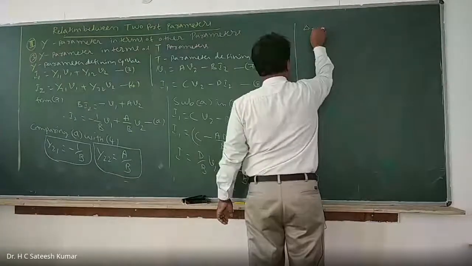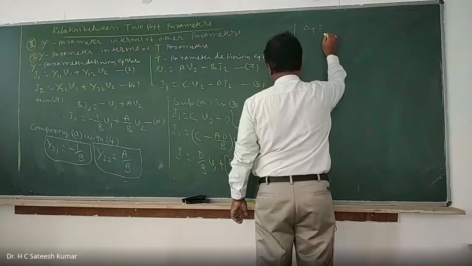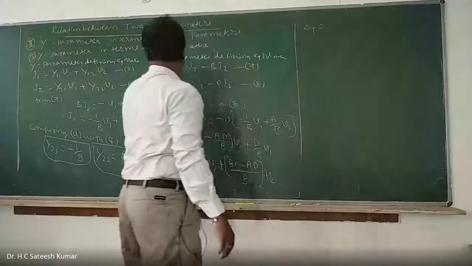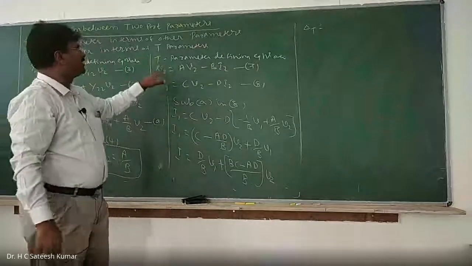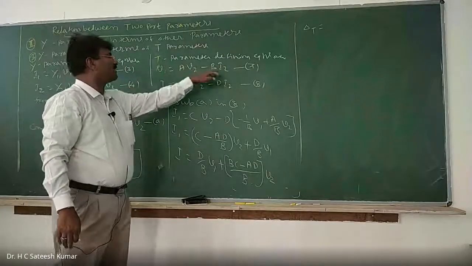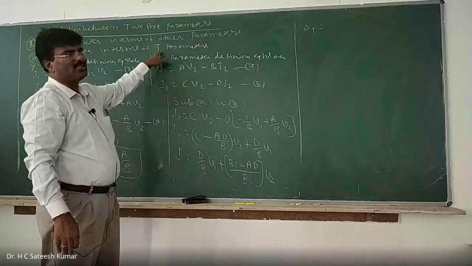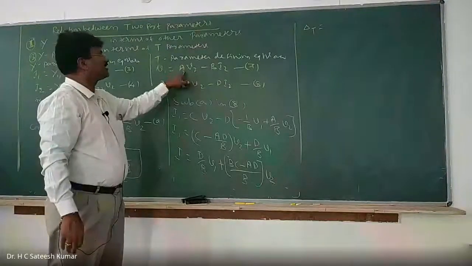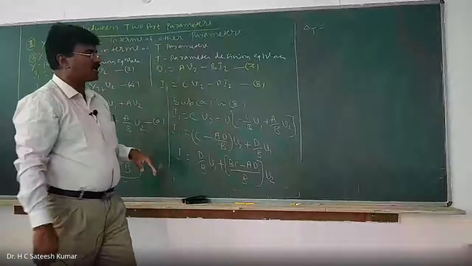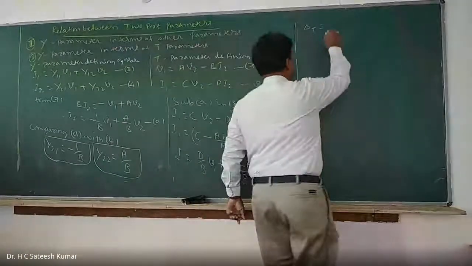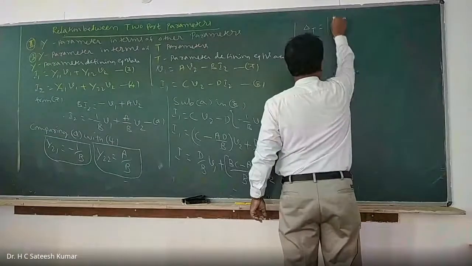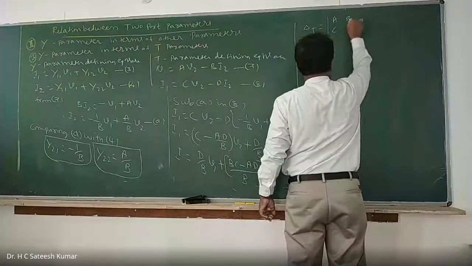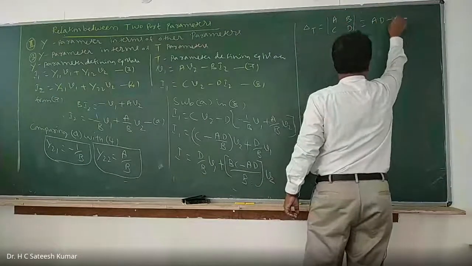Now, what is delta T? The reason why they call it the T parameter: another name for the T parameter is ABCD parameter, since the parameters are represented in the form of ABCD. So delta T is nothing but the determinant of ABCD, which is AD minus BC.